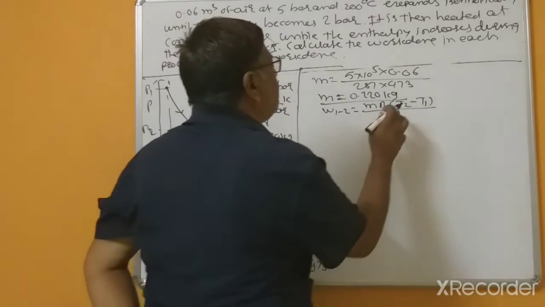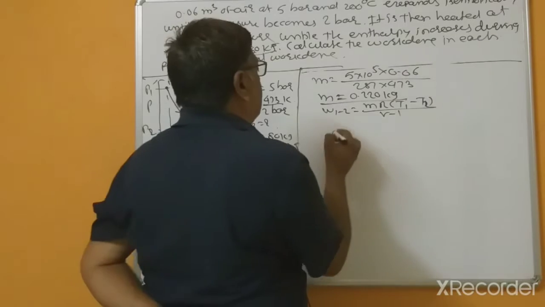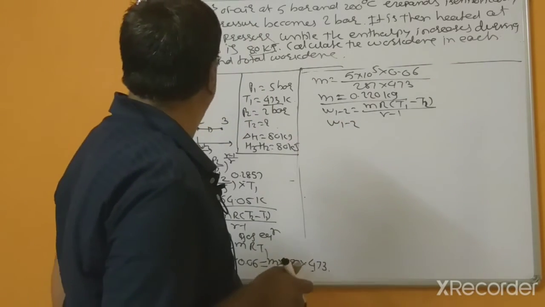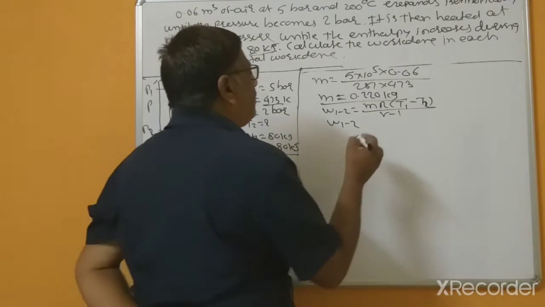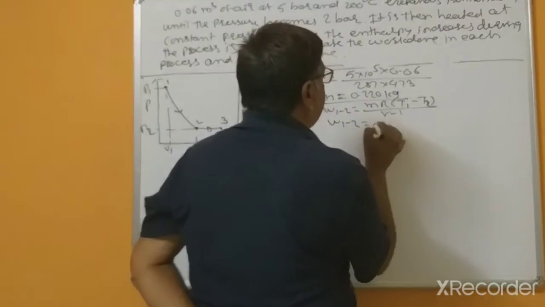One to 2 means this is expansion, so work done by the system on the surroundings. So this is T1 minus T2, correct.